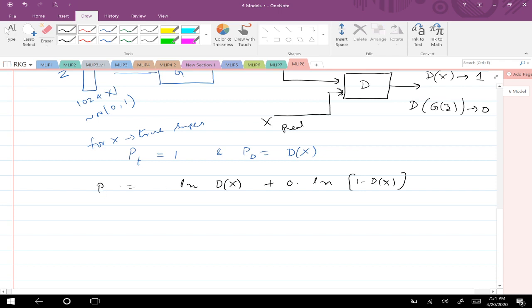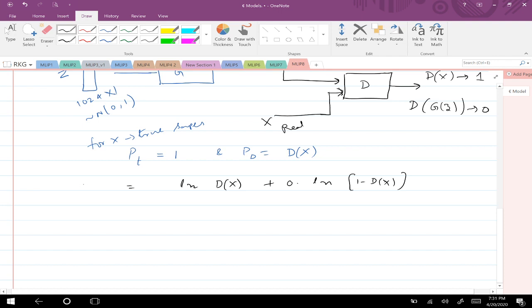I write this as the function to be optimized by the discriminator. It is not a loss as such; we would like to maximize this objective function.